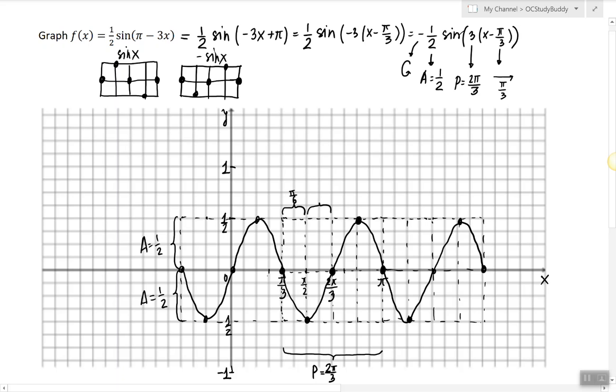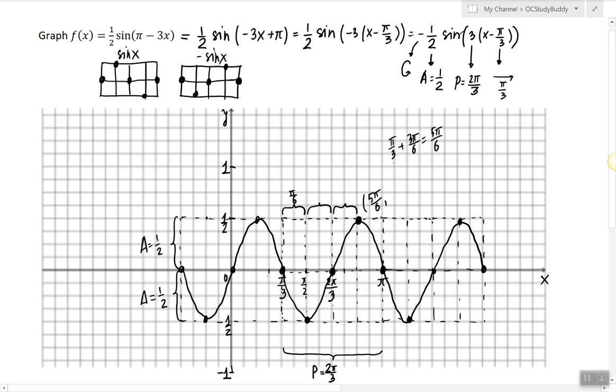So for example, if I want to know the coordinate of this point, I'm just going to add 3 pi over 6 to the x coordinate of this point, which we already know. So adding 3 pi over 6 to pi over 3 will give me 5 pi over 6, which will be the x coordinate of this point.